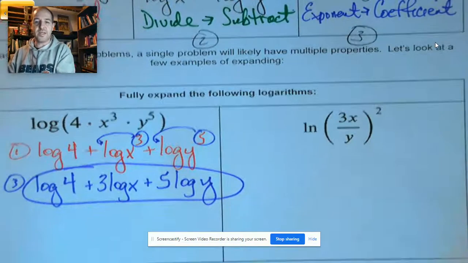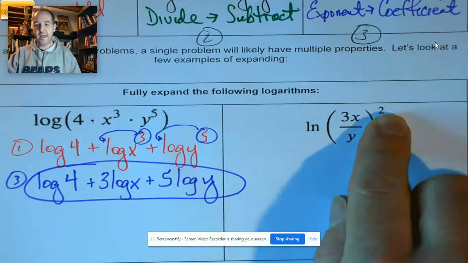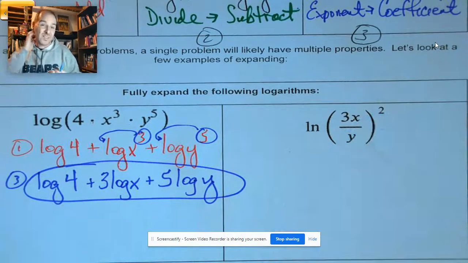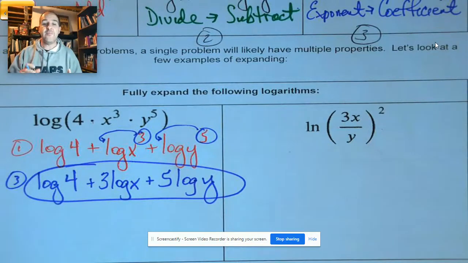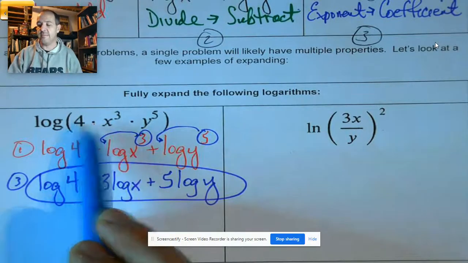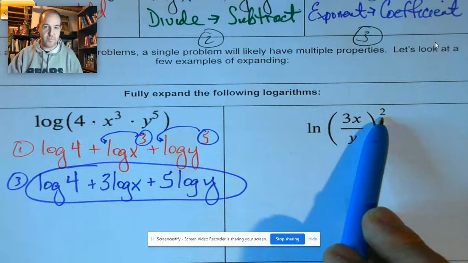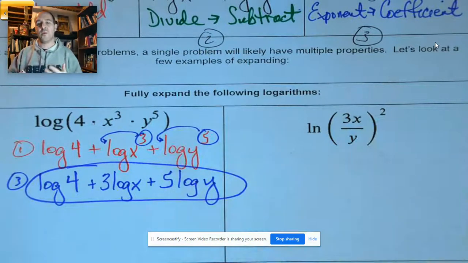So what do I do here? Because there's multiply, there's divide, and there's an exponent. Do I stay in the same order? I'm already going to break my own rule. In this particular case, no. If these were all separate, and one had a times and another one had a divide, I'd do it in order. But when there's an exponent out here, we're going to clean that up first.